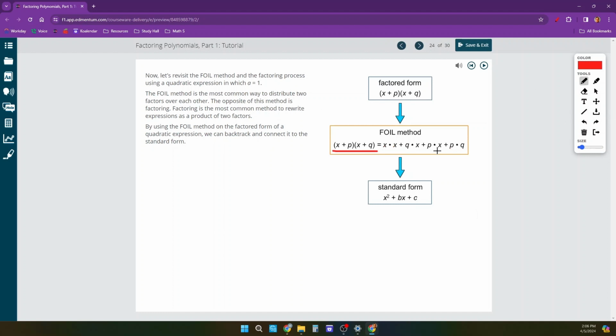The way that you FOIL is that you multiply the factors of your first term, x and q, and add it to the remaining factors of your first and last term, that being p and x. So if you look at the method, we're able to reverse engineer this. So that's the reason why we need to factor in such a special way. It may be confusing to wrap your head around at first, but the more examples you do, hopefully the more clear it will be. So let's jump into some of those examples.